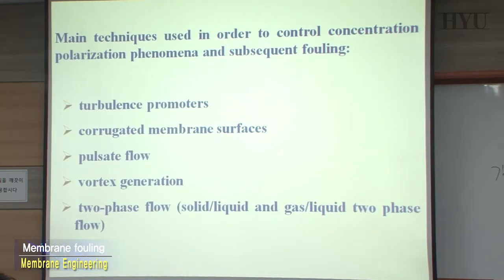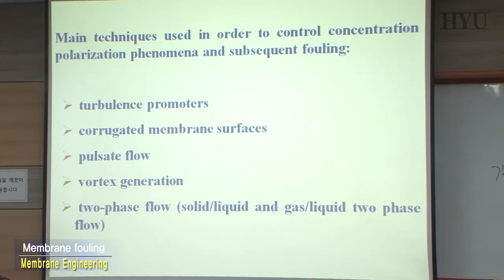In general, how can we avoid all this problem? This problem can be avoided by having a turbulence-promoting system. That means enhancing as much as possible the surface, just cross-flow filtration. Instead of using a turbulence promoter, we can have a corrugated membrane surface.